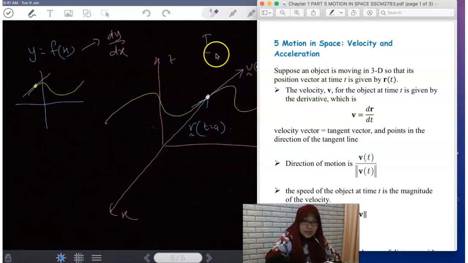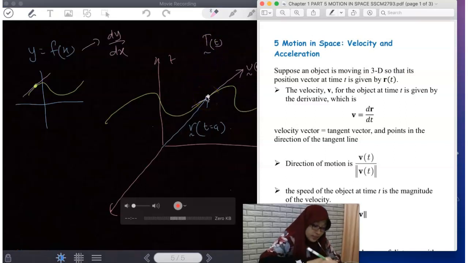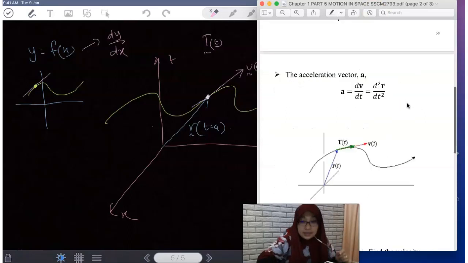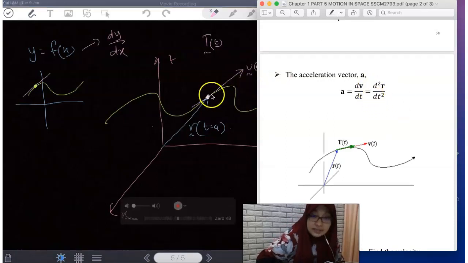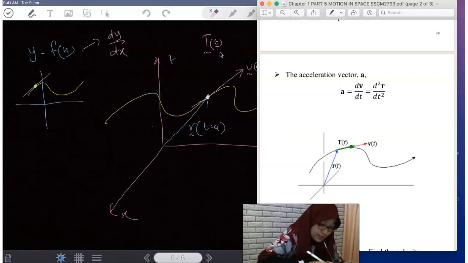So this is called the unit tangent. The unit tangent is always, as stated here, in the same direction as v, but the length of the unit tangent vector is always one, a bit shorter.